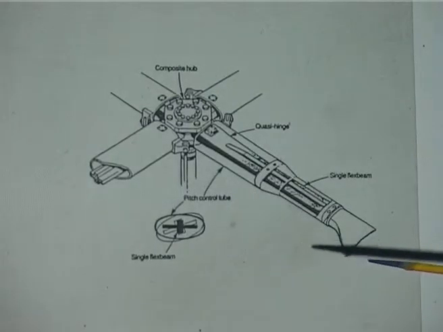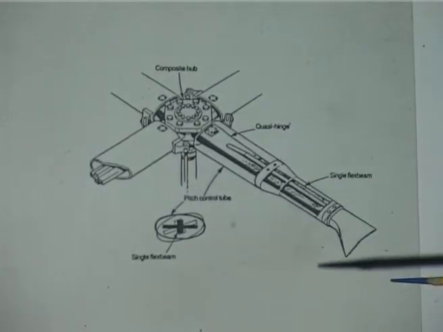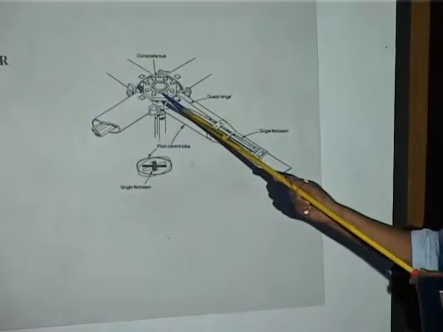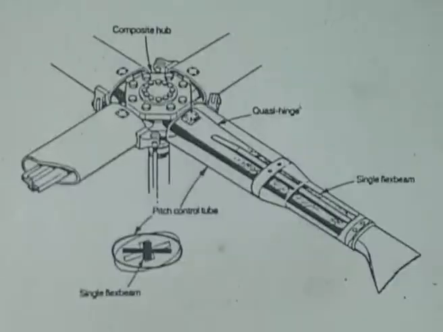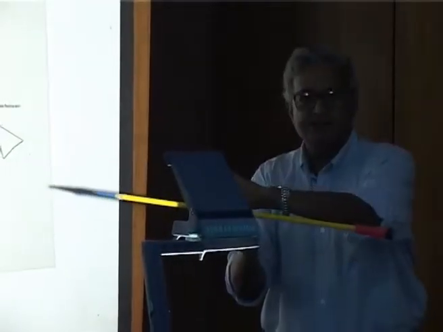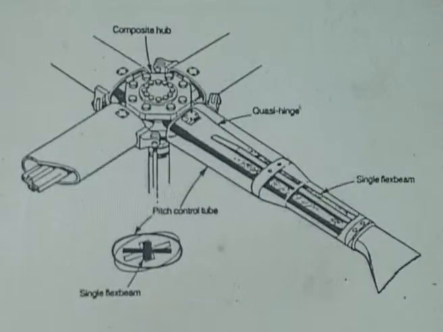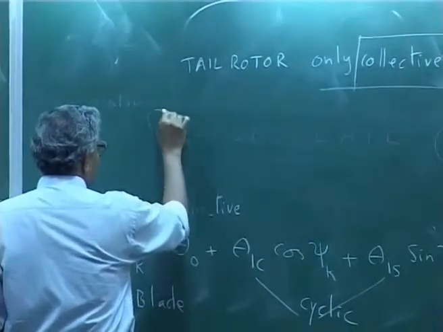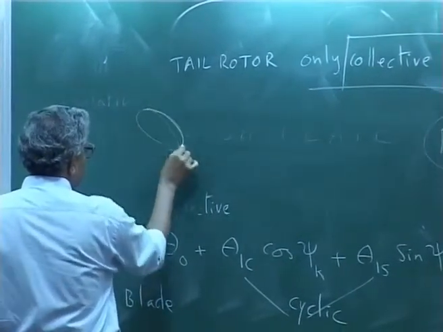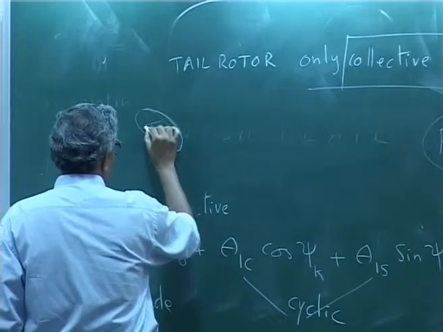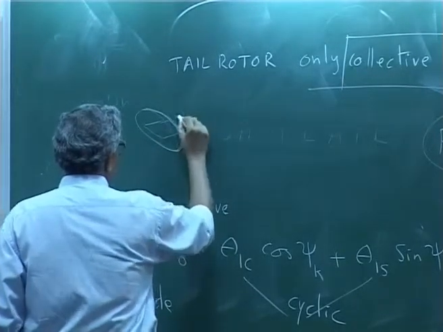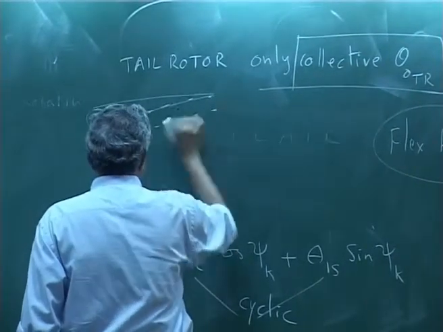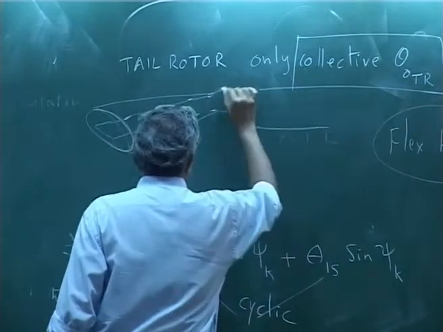This is the inner flex beam which is bolted to the hub. This is like a sleeve. The sleeve goes and joins, so it will be like this. If you look at it, here you have that beam going, and this will come and join.